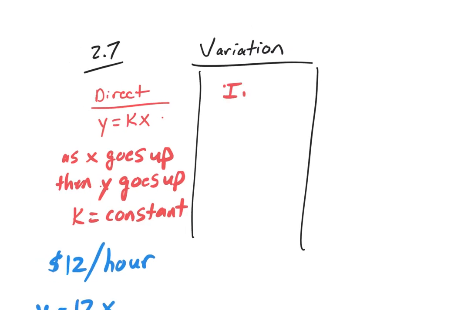Okay, second one is what we call inverse variation. Inverse variation is very similar, except we do division instead of multiplication.